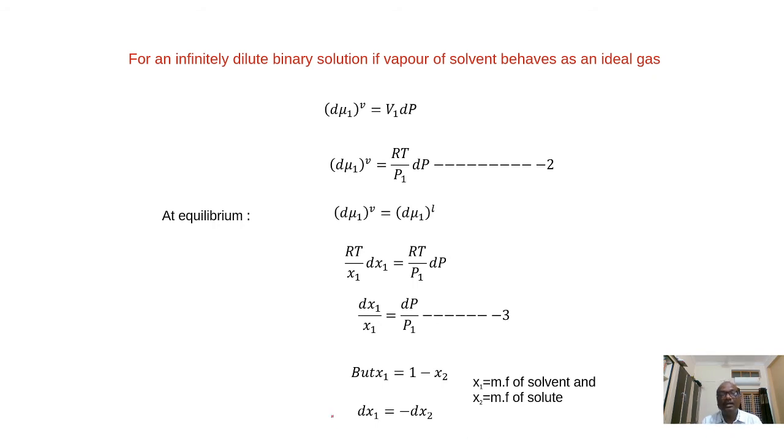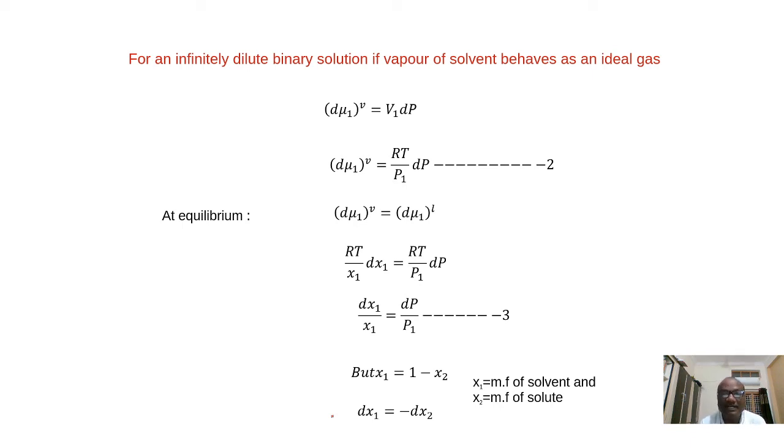But at equilibrium, what happens? When vapor-liquid equilibrium exists in the system, the change in chemical potential of the vapor is exactly equal to the change in chemical potential of the liquid.